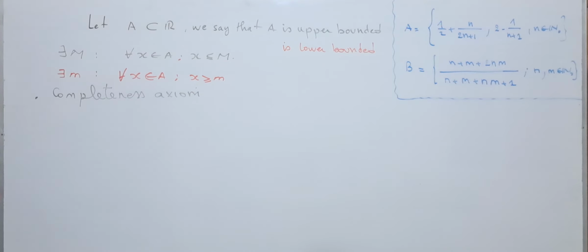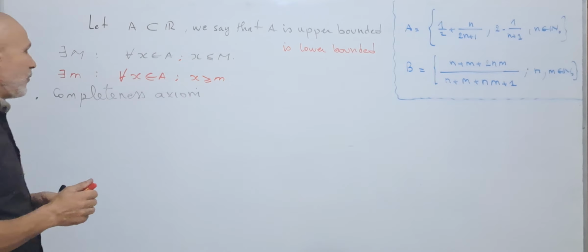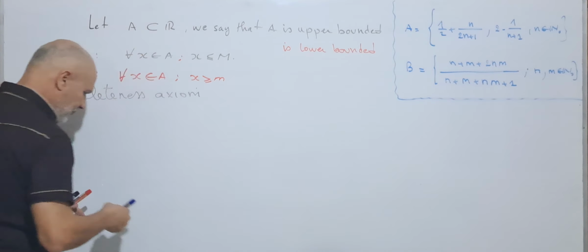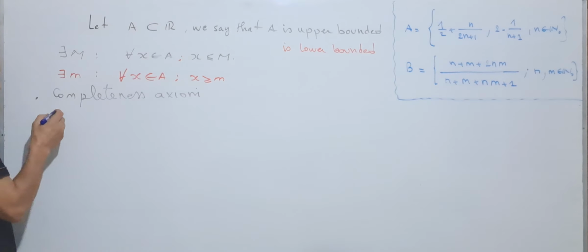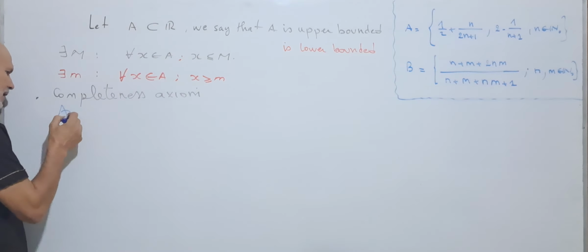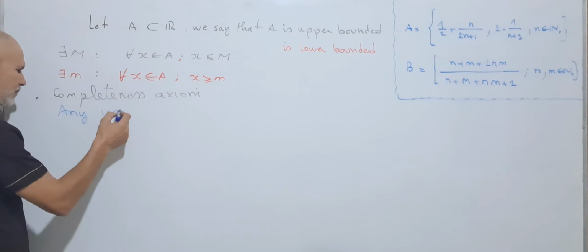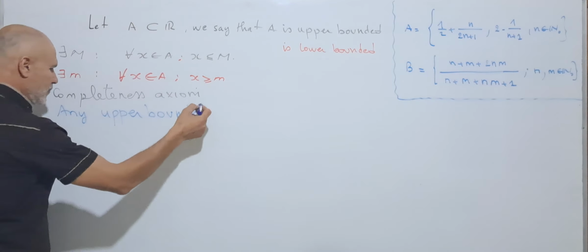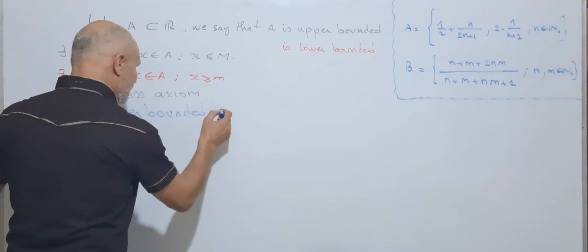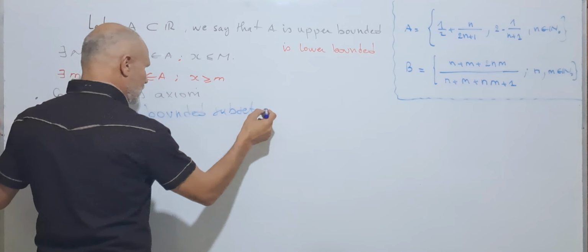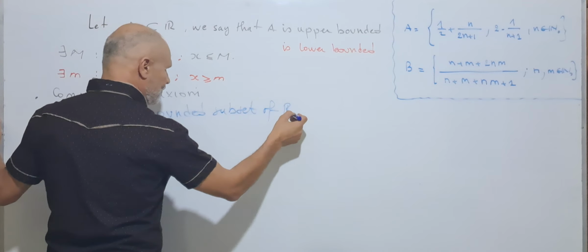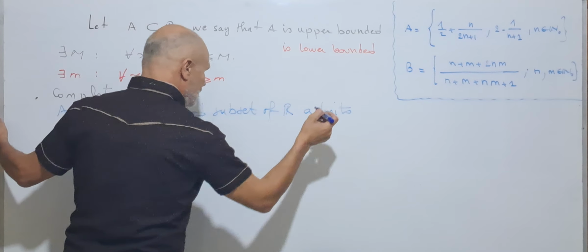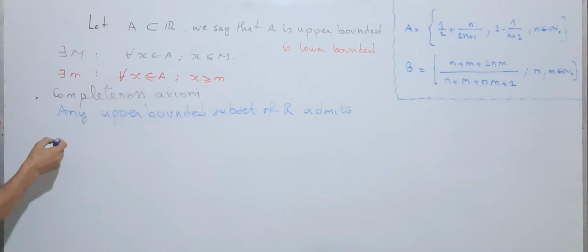The completeness axiom says that any upper bounded subset of R admits a supremum.